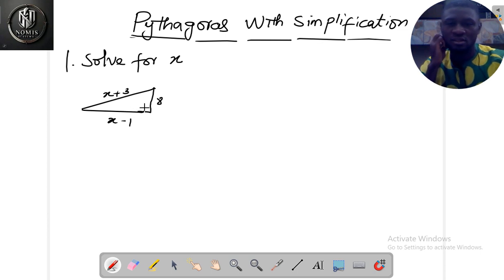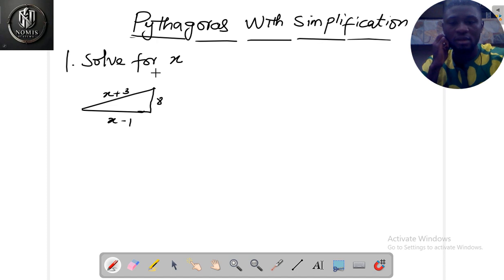When we remember Pythagoras theorem, it says that the square of the hypotenuse is equal to the sum of the square of the adjacent and the square of the opposite.